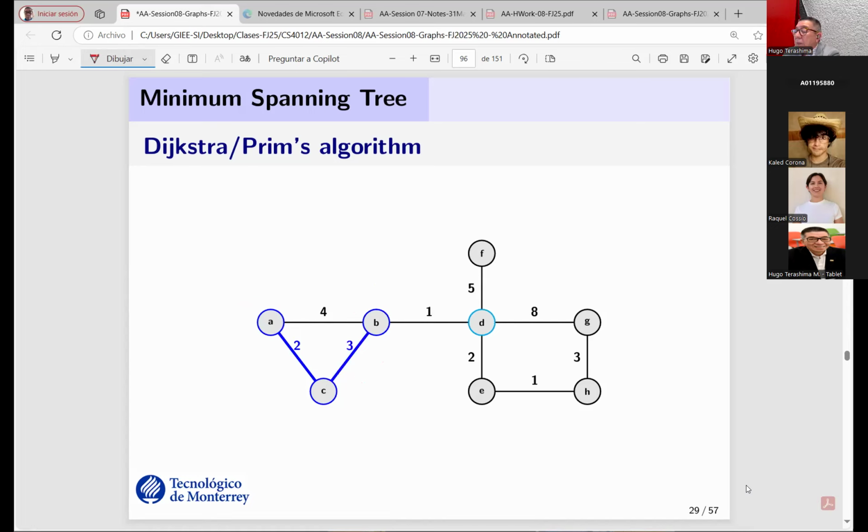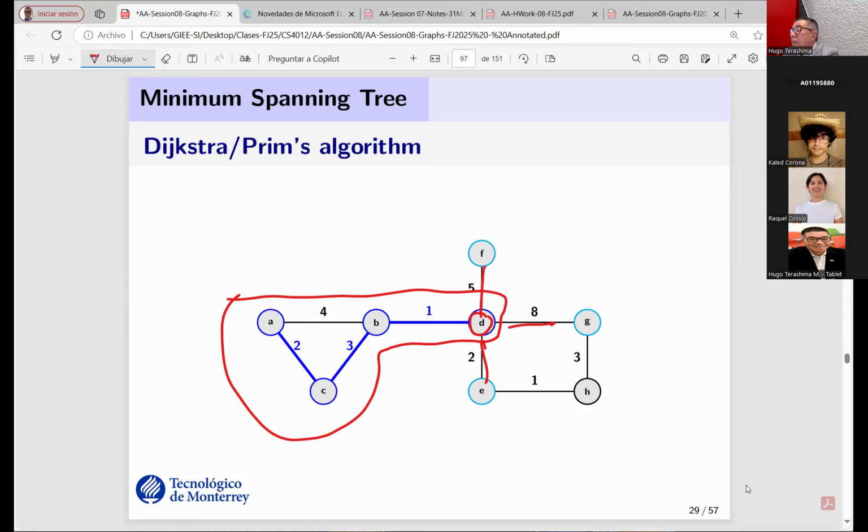right? And now up to this point, we have this as the MST, but we only have one connection to this frontier. So it's going to be included in the MST here, right? And then D is connected to 3 other elements. So those are the frontier, right?